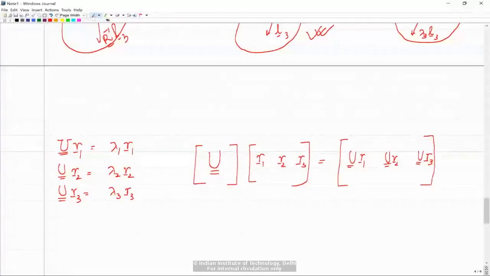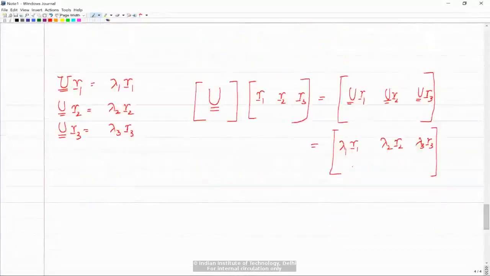Remember? So you have two matrices on the left hand side. If you multiply, this is what you will get. But because they are eigenvectors, this is also equal to lambda 1 R1, lambda 2 R2, and lambda 3 R3, right?